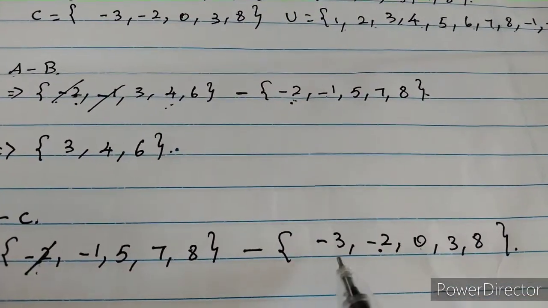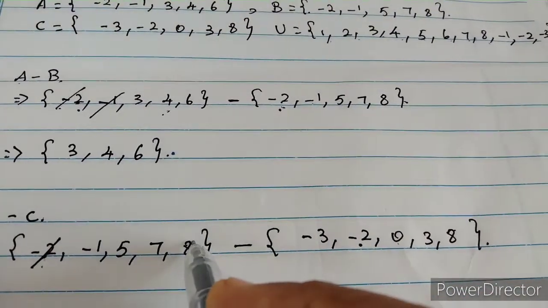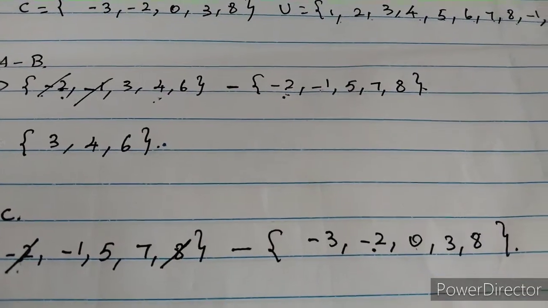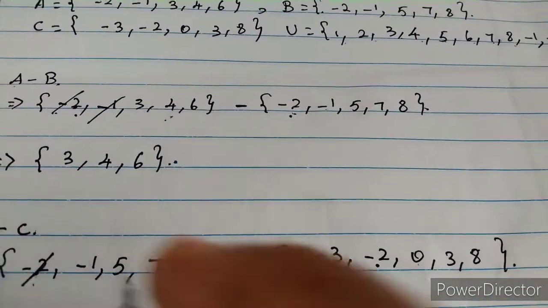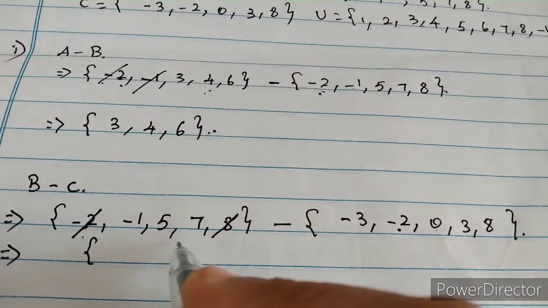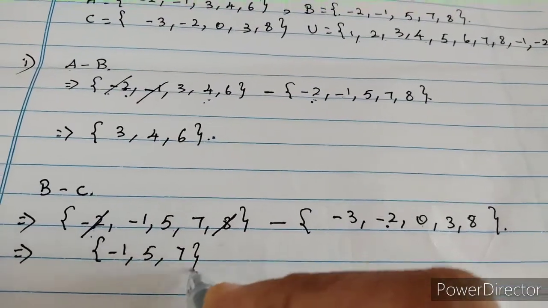Then 8 is present here and 8 is there in C also, so strike out that 8. No other elements are the same. Write down the remaining elements, that is -1, 5 and 7.